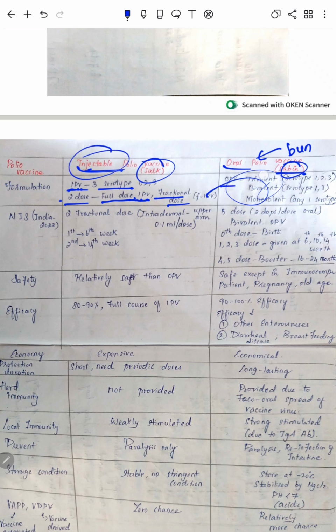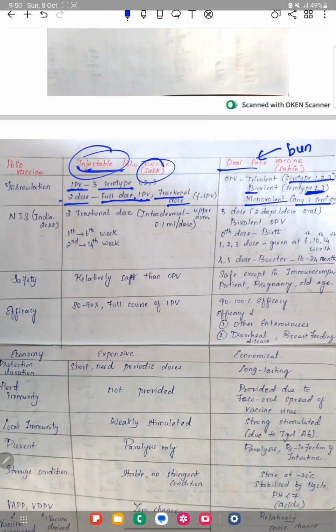Oral polio vaccine is available in 3 forms: trivalent, bivalent, monovalent. Trivalent is serotypes 1, 2, 3. Bivalent is 1 and 3, since 2 is already represented. Monovalent is any one serotype in the oral polio.